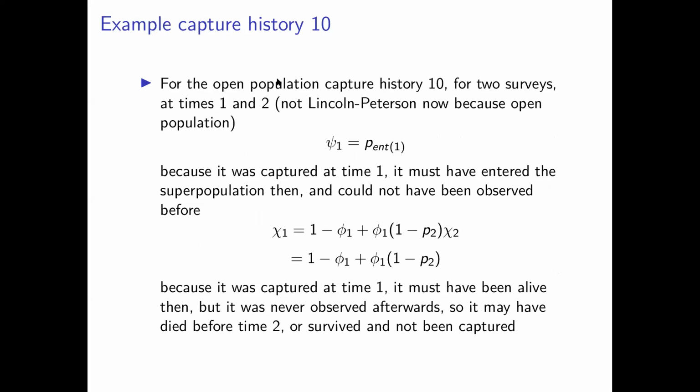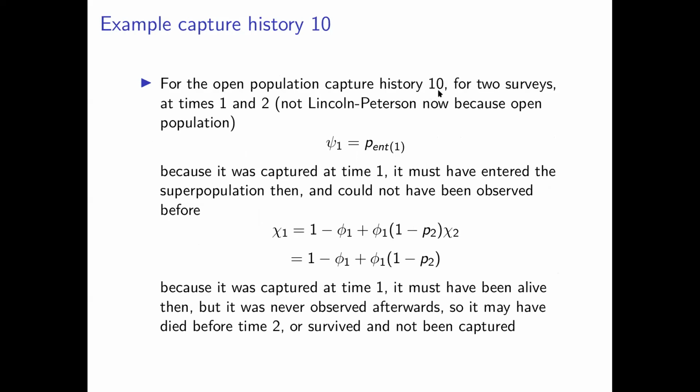So let's go through some examples. And I should say I'm using very simple examples just to explain how this works. You would very rarely have a 2-survey study for an open population just because you really are going to have trouble with parameter identifiability.